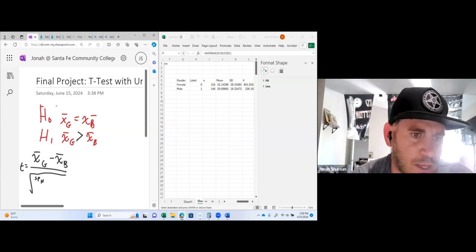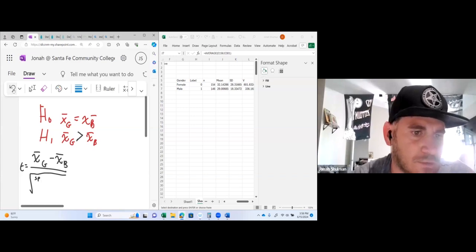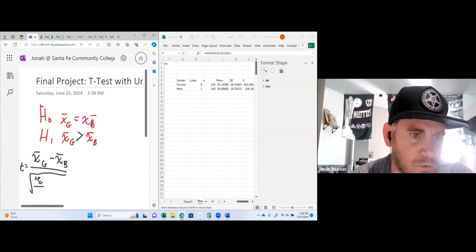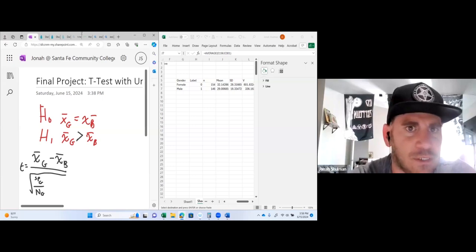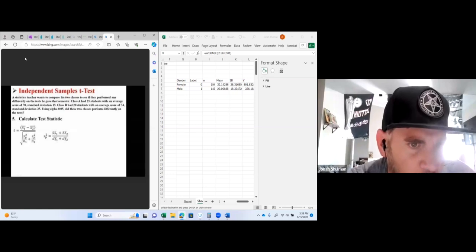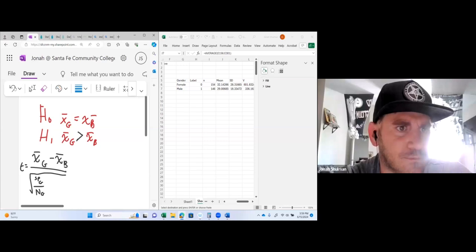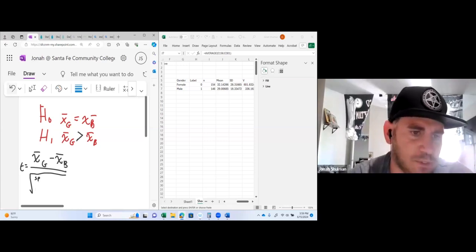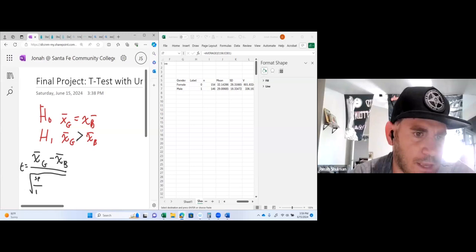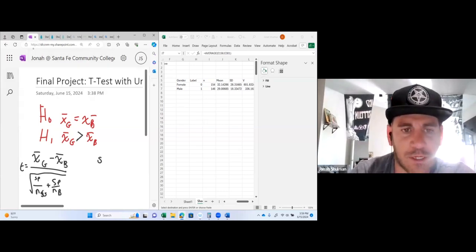Pooled variance over N of girls, plus the pooled variance. Oh, the pooled variance is the same. So S_p over the N of girls plus the S_p over the N of boys. And then how do we get that pooled variance?